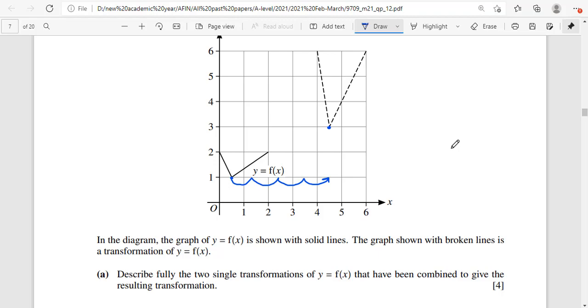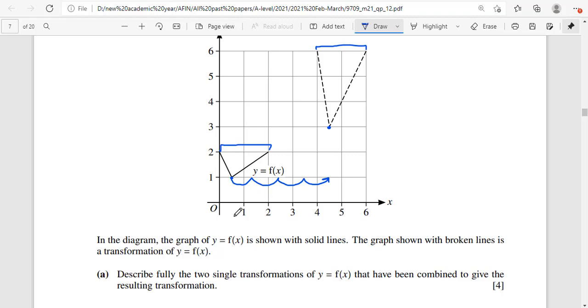The second transformation: after it's been translated to the right, if you look at this graph, it's stretched. How is the stretch? The width of the graph is still 2 squares, so it means some vertical stretch happened.